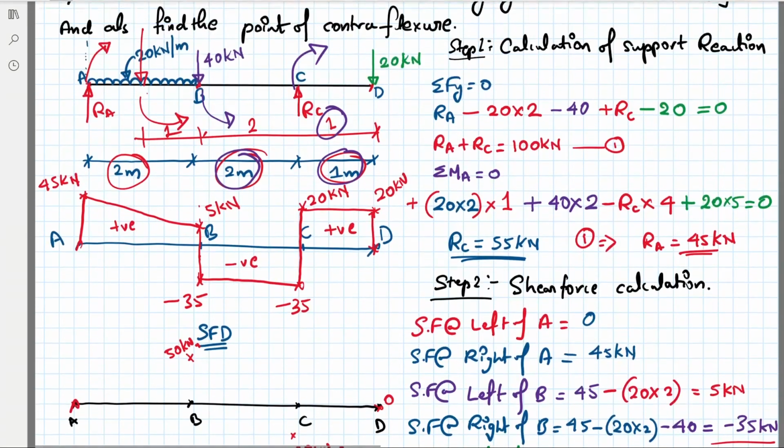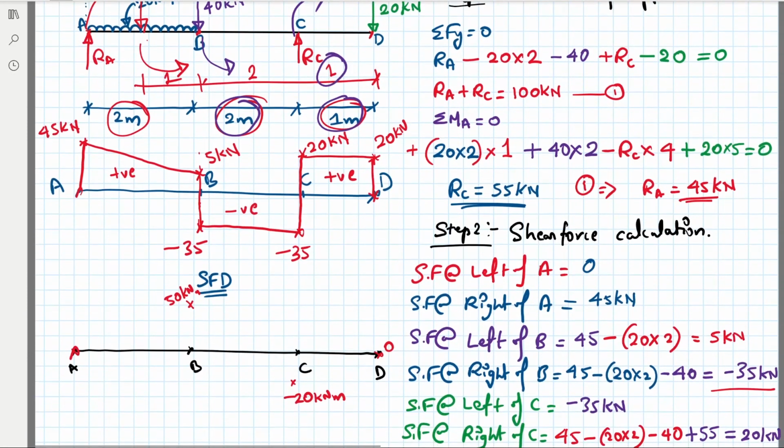So I am going to draw this. For the UDL, from the general equation we have to join points A and B as a parabola, since the general equation is in the form of ax square. Then from point B to point C I have to draw it as a slope, since for a point load the bending moment will be a slope.